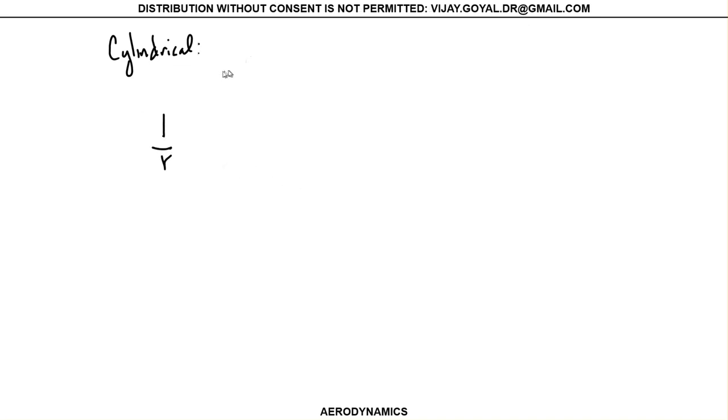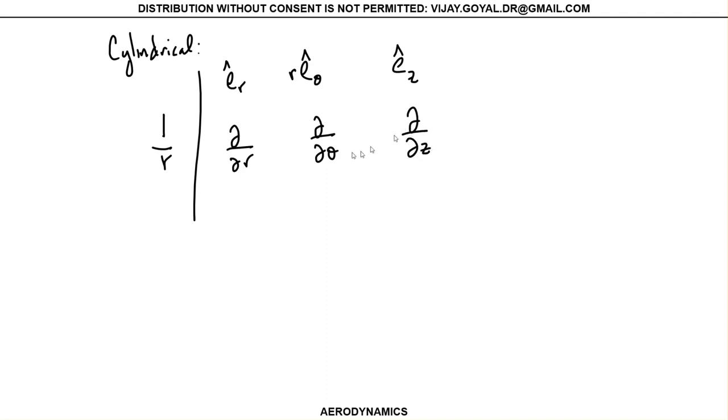Take 1 over r outside the determinant: er, r times e theta, don't forget it's r, ez, partial of r, partial of theta, partial of z, then you have ar, r times a theta, az. Okay, so you got several cases depending on the coordinate system that we are actually working with.